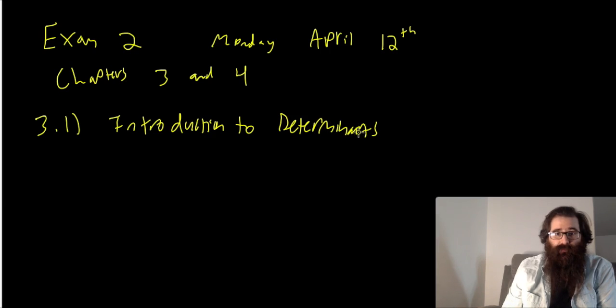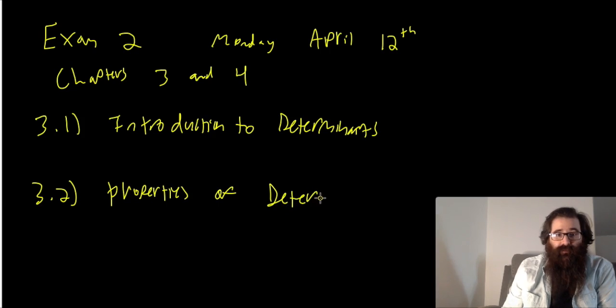And we'll talk a bit more about these. And then 3.2 was next, and this was properties of determinants. And then 3.3 was Cramer's rule. Gotta love it, Cramer's rule.